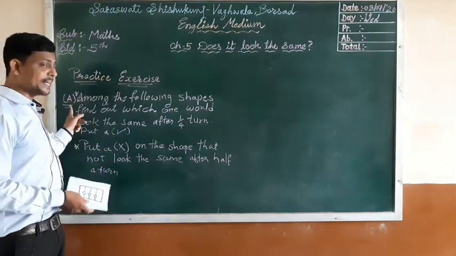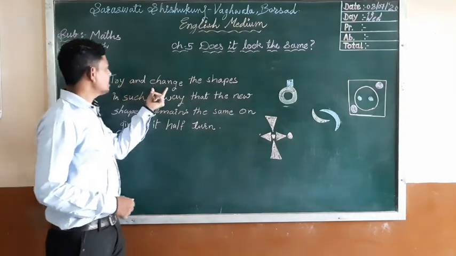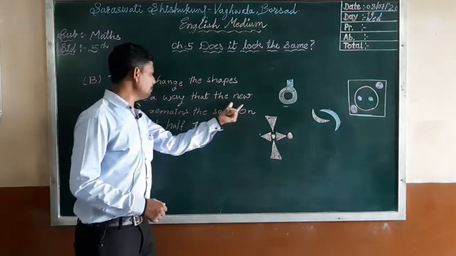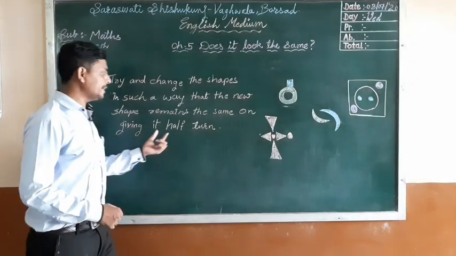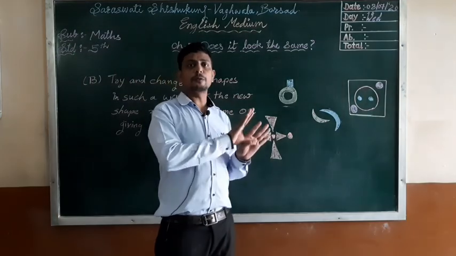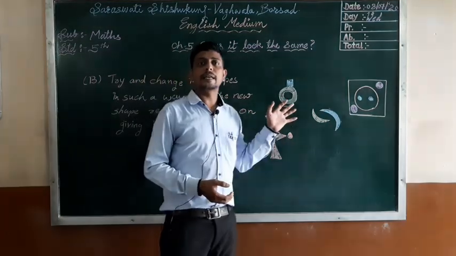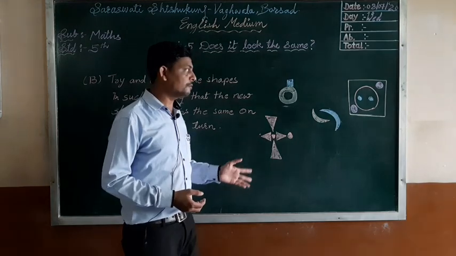Question number B. Try and change the shapes in such a way that the new shapes remain the same on giving them a half turn. We have to rotate this shape into a half turn. Does it look the same or not? So let's see one by one.